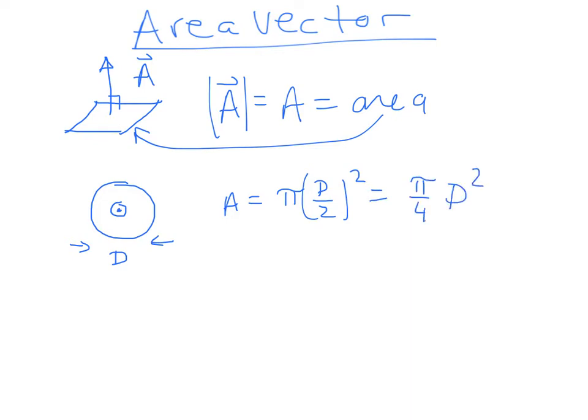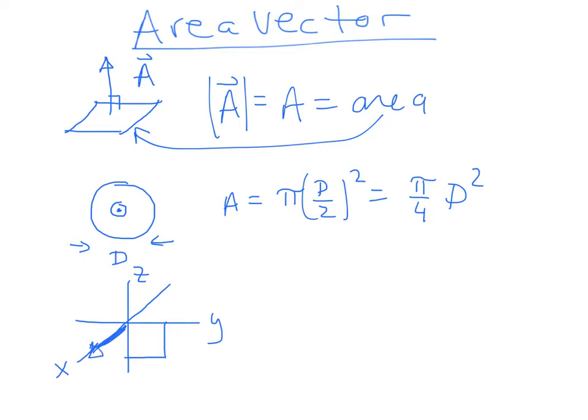Or another example would be a square area, let's say, on a coordinate system. Let's imagine, say, that there's a square area which is in the YZ plane. Now I could choose an area vector here perpendicular to it.